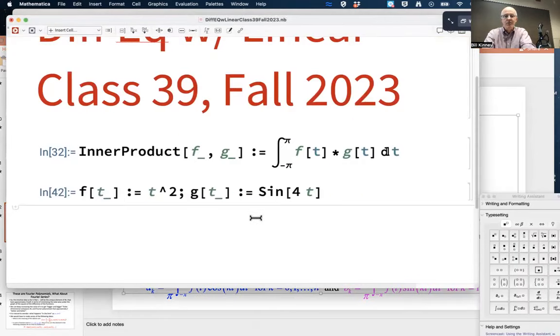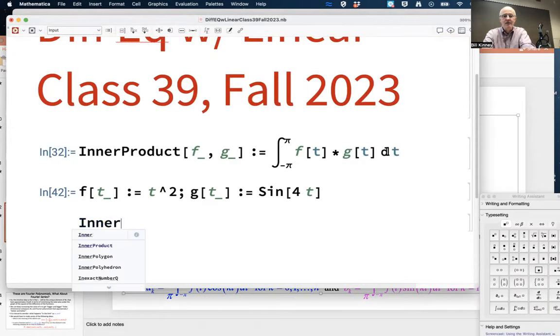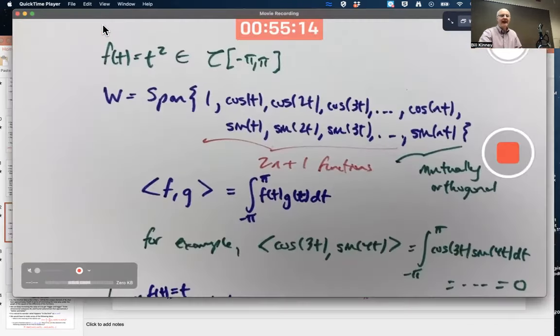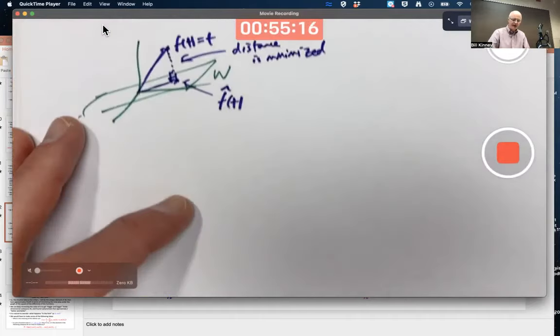So you're going to be doing the inner product of, for example, sine of 4t with itself. I could do g comma g. I will not get 0. I get pi, it turns out, in this case. What's going to be helpful in doing that by hand is a couple of trig identities.